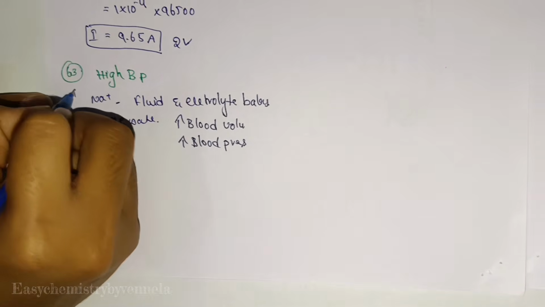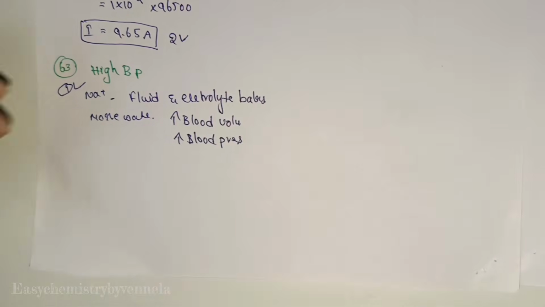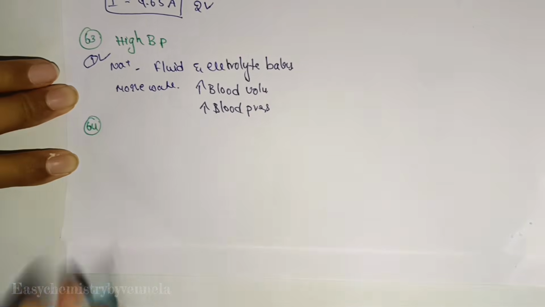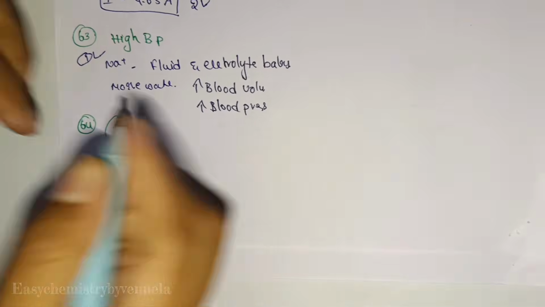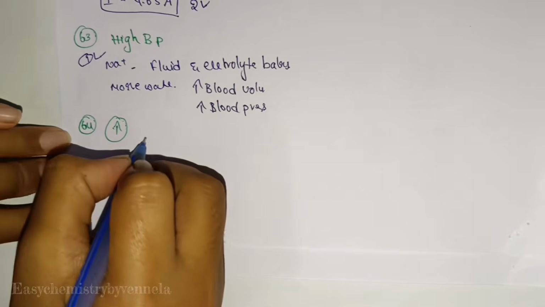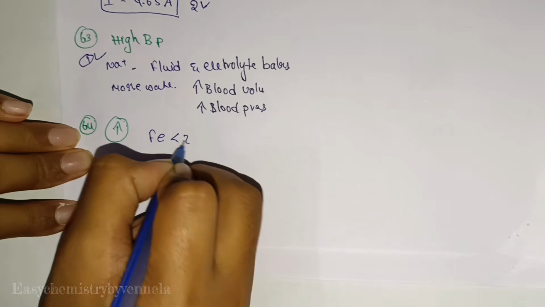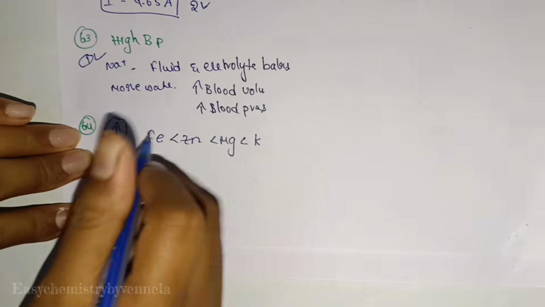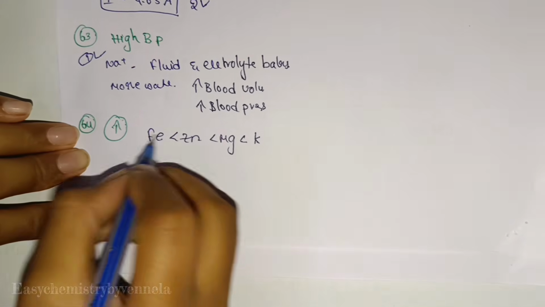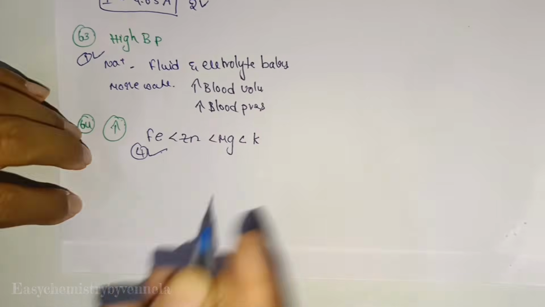So the first option is the correct one. Next question. The correct order of increasing chemical reactivity of the following metals is iron, zinc, magnesium and potassium. So the fourth option is the correct one.